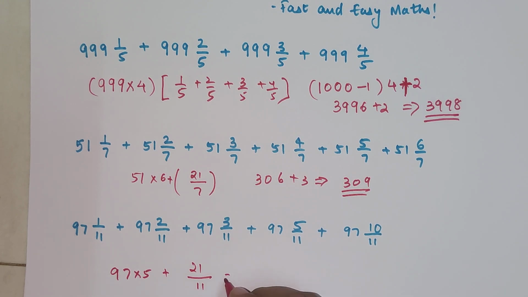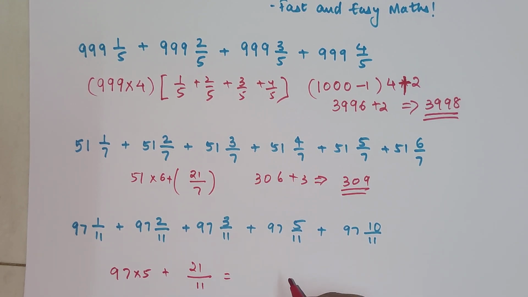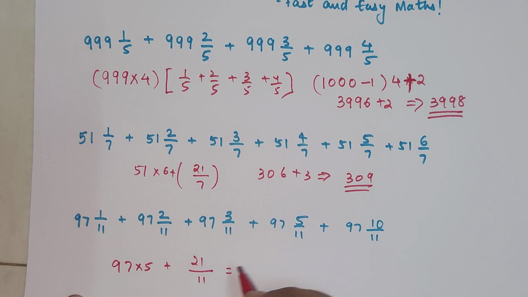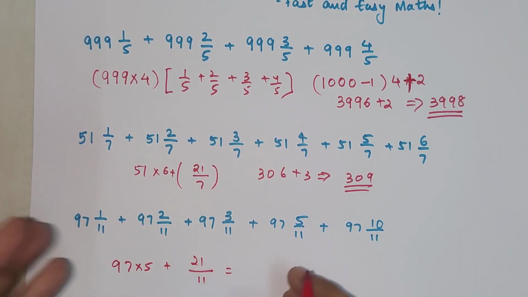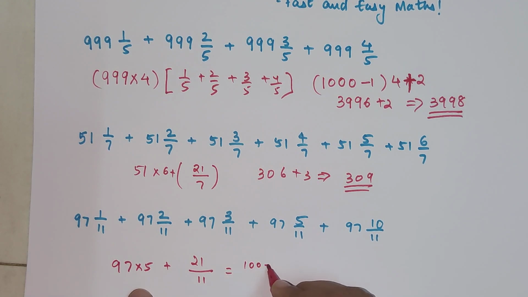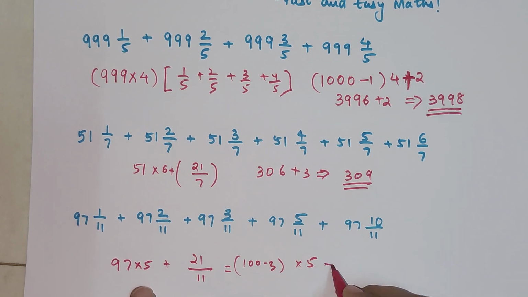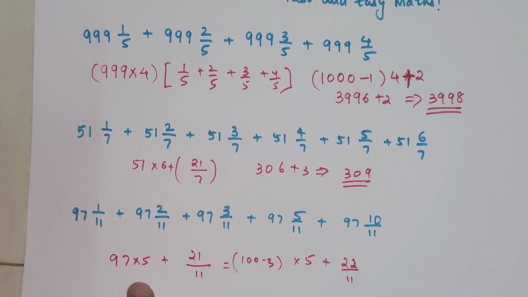So in this case, since it's not cancelling, what you do is basically multiply 97 by 5. Now here again you can directly multiply, or you can do 100 minus 3 multiplied by 5. Okay, and then you are adding 21 upon 11, my bad.